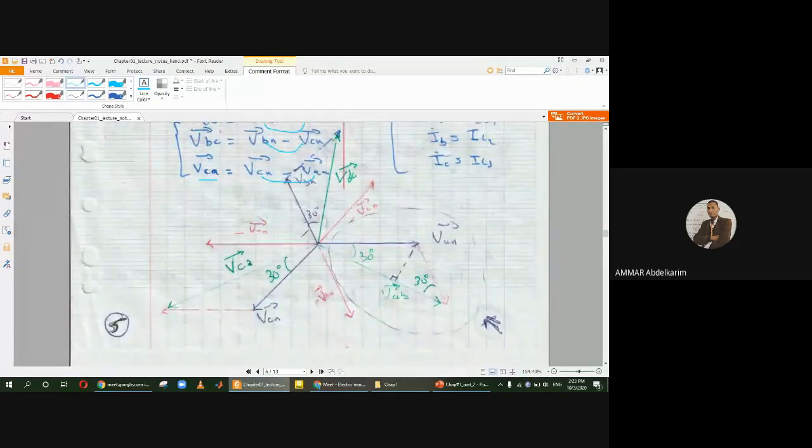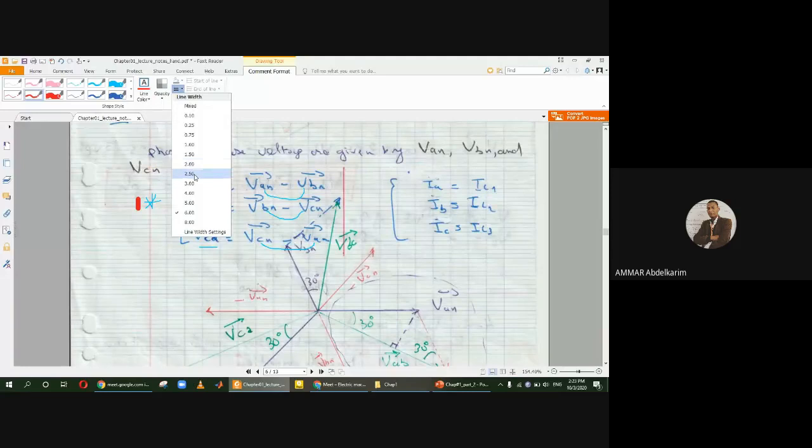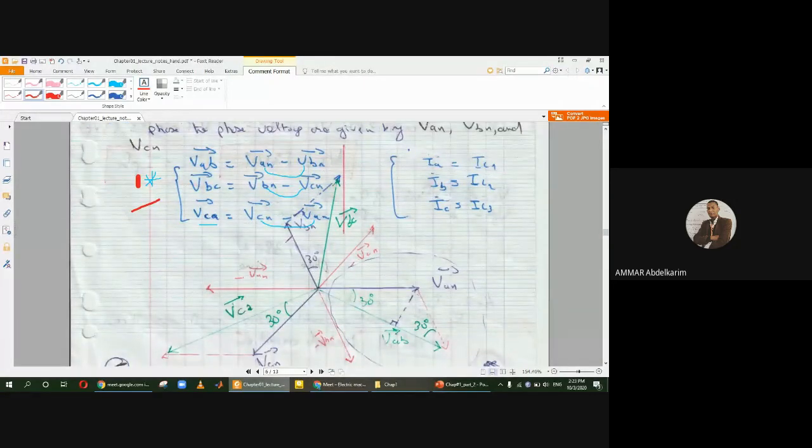And this is the phasor diagram. According to this expression, we can draw the phasor diagram of the three-phase system. Firstly, we start by drawing the first three phases, which are VAN, VBN, VCN.